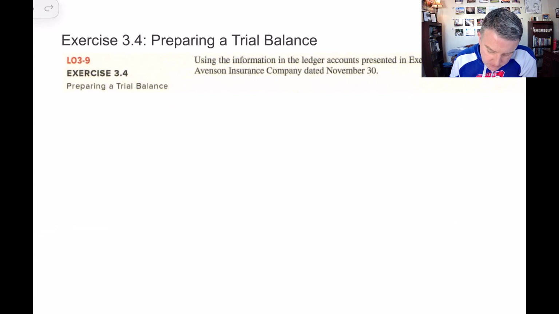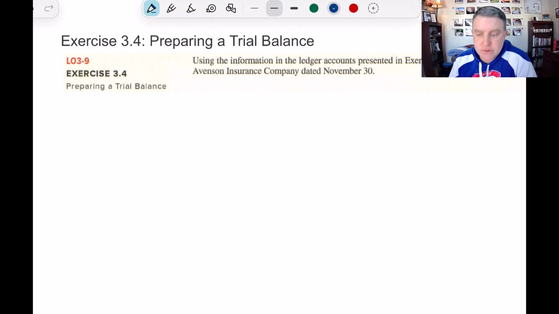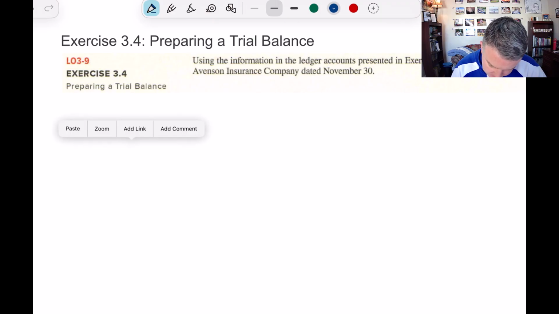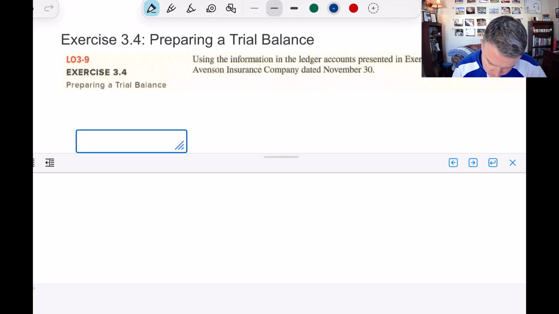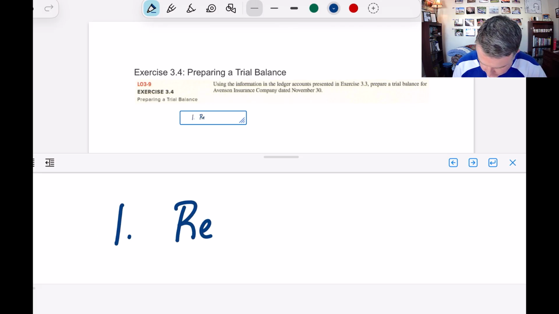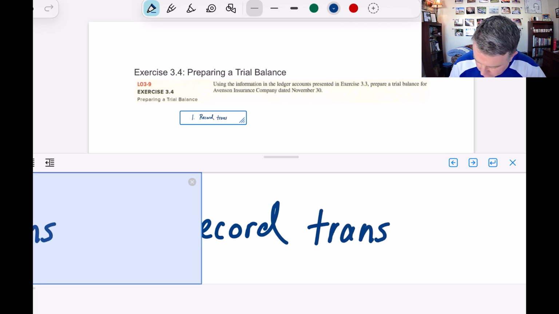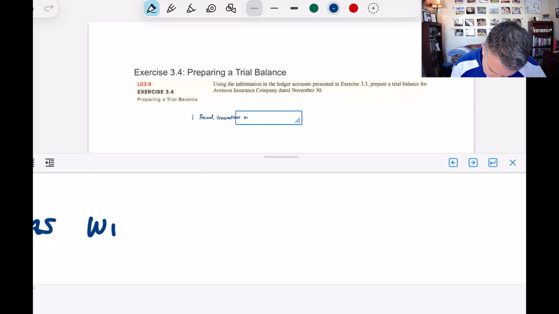So really what's going on here is we have a process for making financial statements, and there are a couple different steps to it. The first step is to record transactions with what we call journal entries.